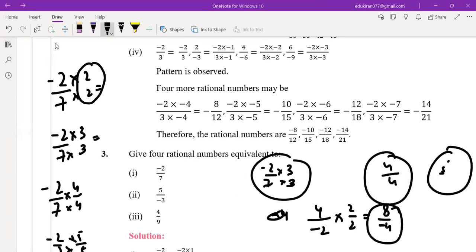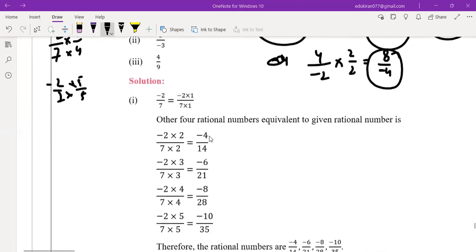Ma'am, everybody is done. Okay. So for minus 2 upon 7: minus 4 upon 14, minus 6 upon 21, minus 8 upon 28, and minus 10 upon 35. Right? Yes, ma'am. Correct, everyone?